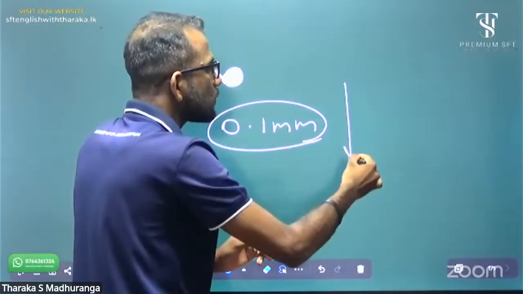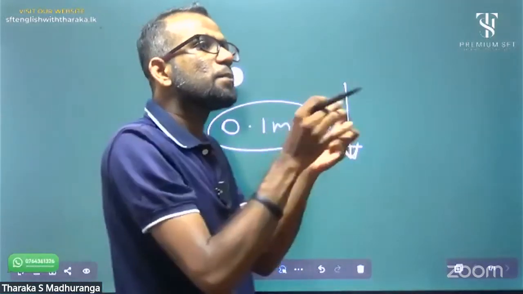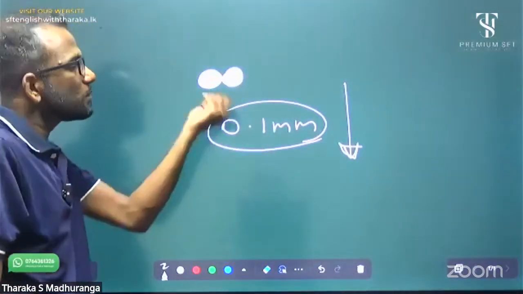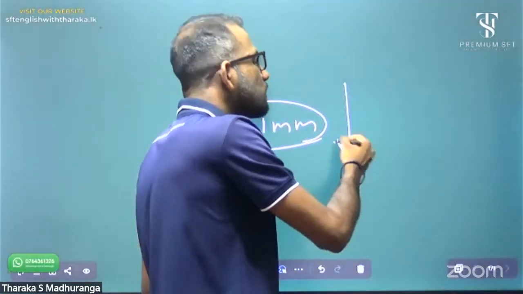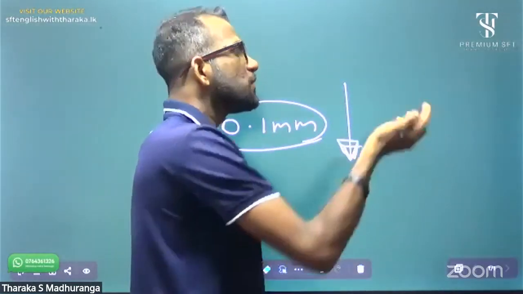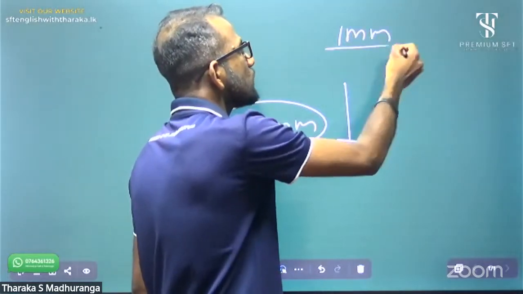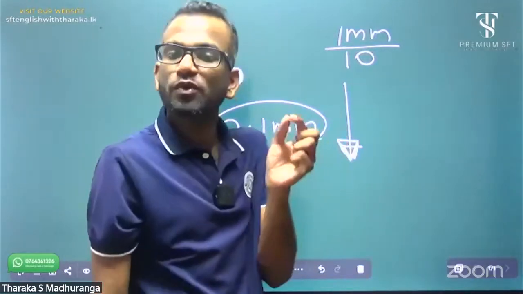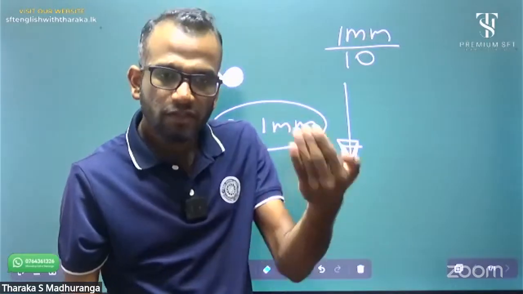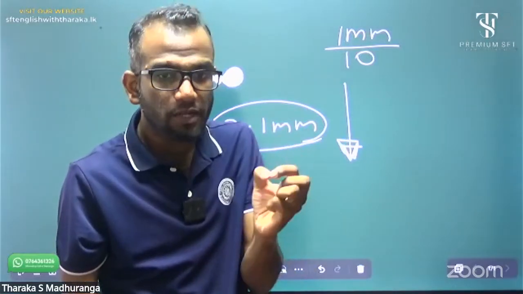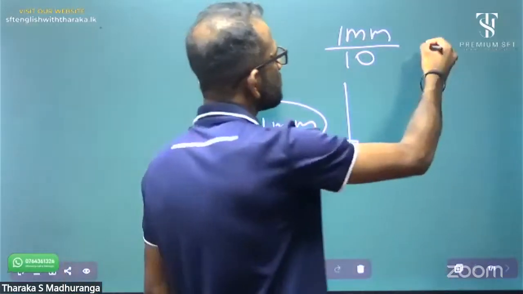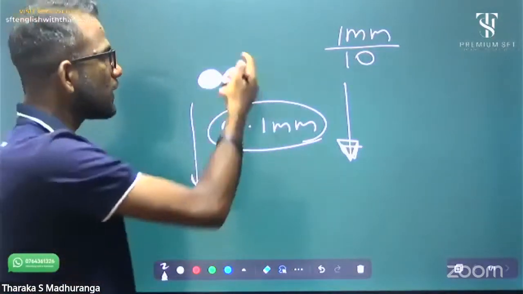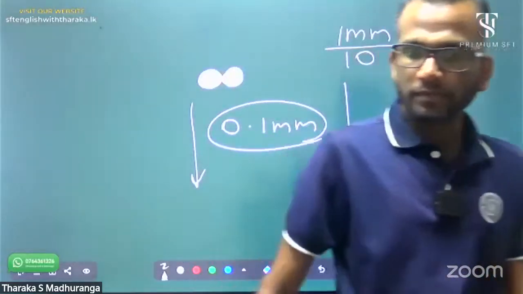If it is less than that, we can't identify them separately. What is the meaning of 0.1 millimeter? Take 1 millimeter, the smallest gap on your ruler, and divide it into 10 parts. That is 0.1 millimeter. If the gap is less than that, you can't separately identify two substances.